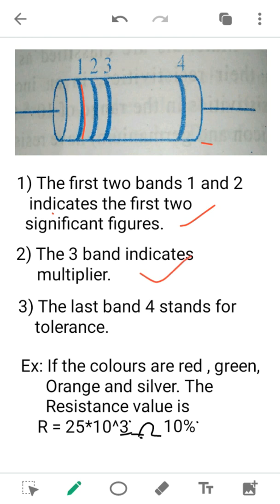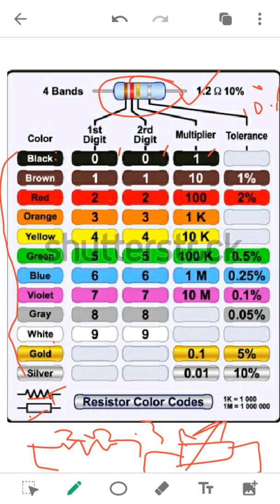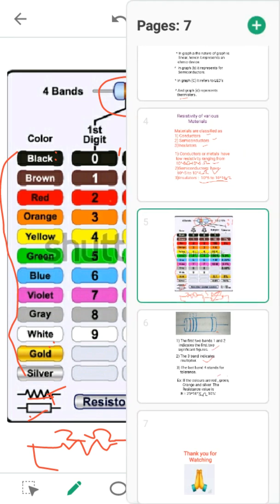For example, if the colors go in this manner: red, green, orange and silver, what will the resistance value be? Red is 2, next color is green, which is 5, so we got 25 here, right?